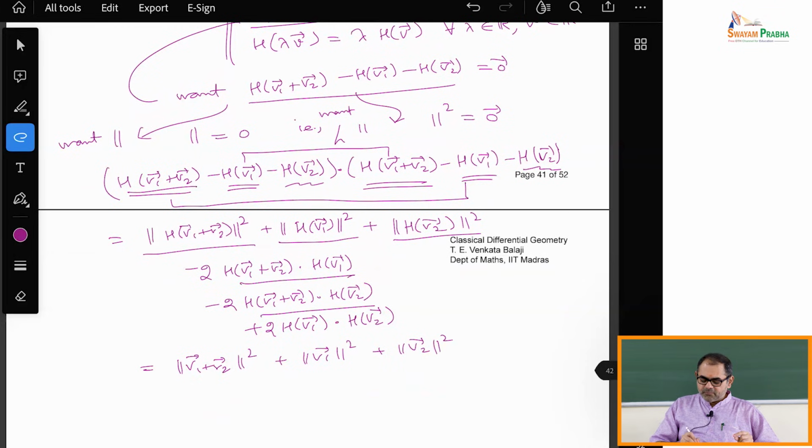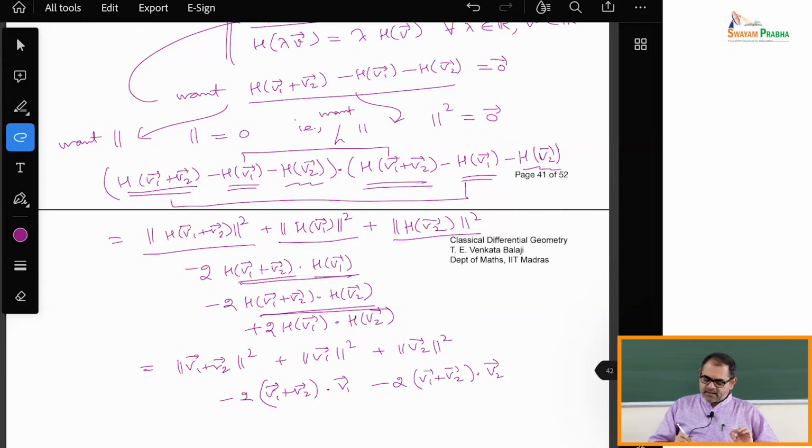And here, in these terms, use the fact that H preserves the dot product. H of V1 plus V2 dot HV1 is going to be the same as V1 plus V2 dot V1 because H preserves the dot product. So the remaining terms I have to write as minus 2 (V1 plus V2) dot V1. Then this term is going to give me minus 2 (V1 plus V2) dot V2.